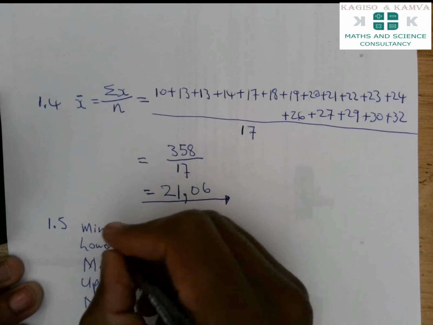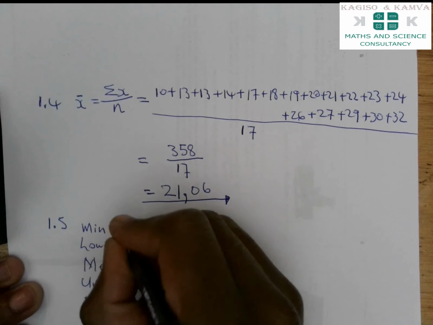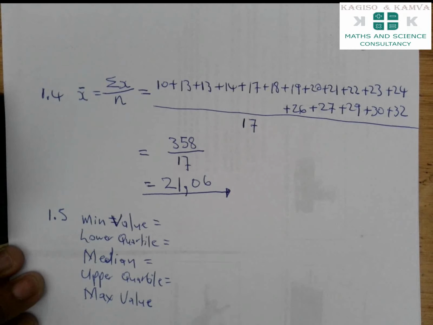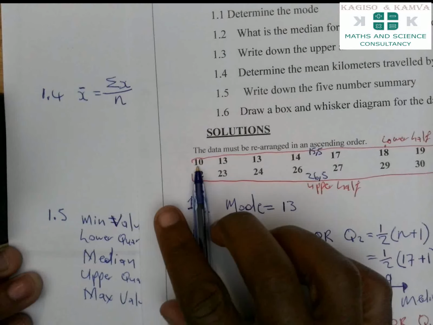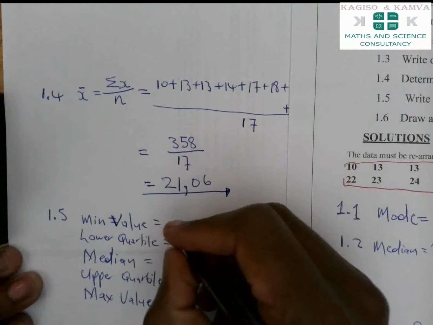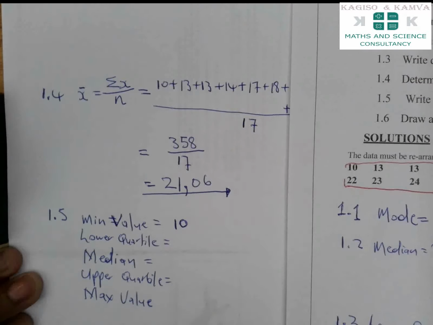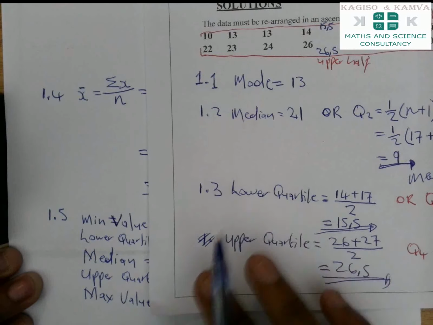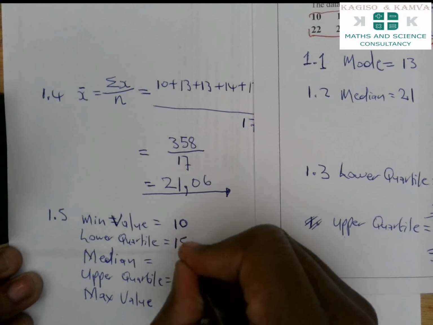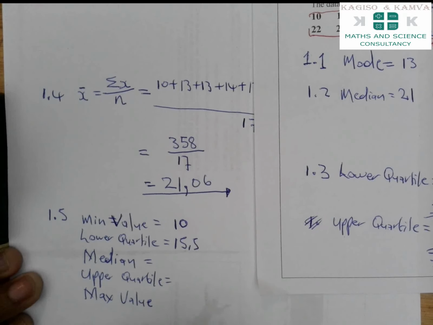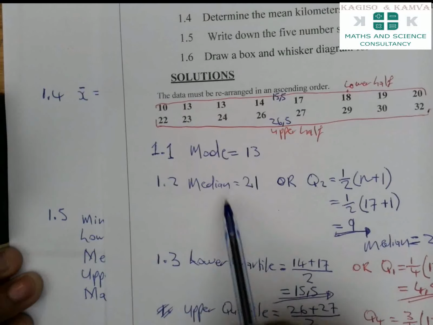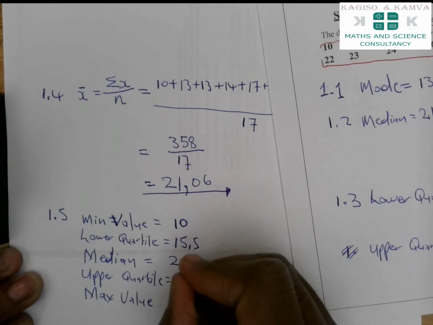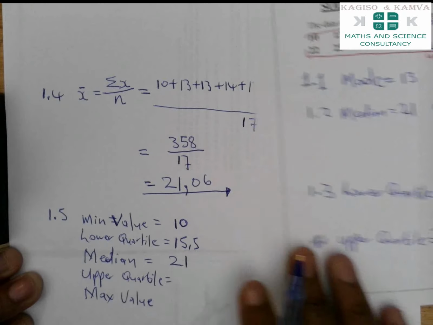Okay, let us see the minimum value. The minimum value from our data set is 10. The lower quartile we got is 15.5. Our median is equal to 21.